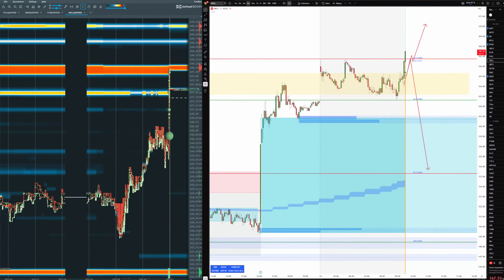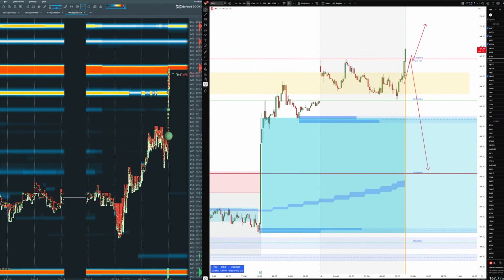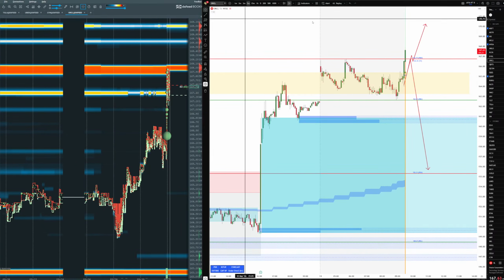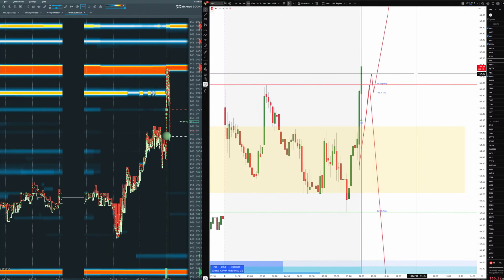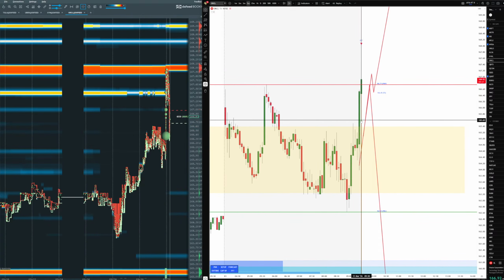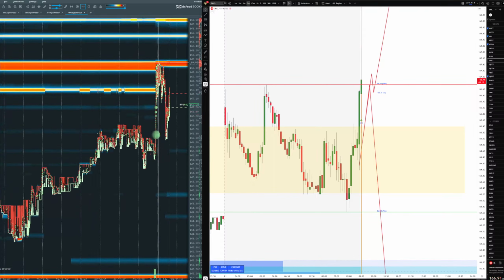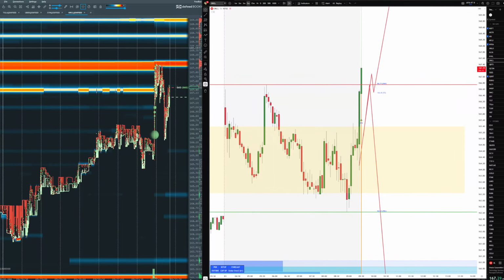Oracle over here, long play failed. So you can see that it's generating a long play over here. If we fail 165, there's going to be a short play. You can see that it got to this 168.